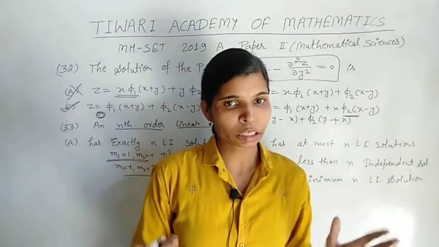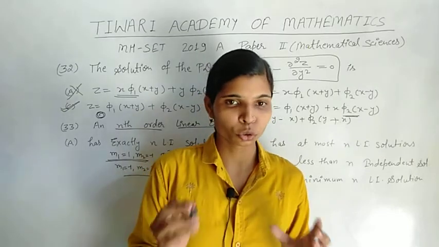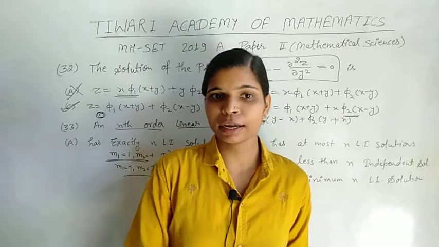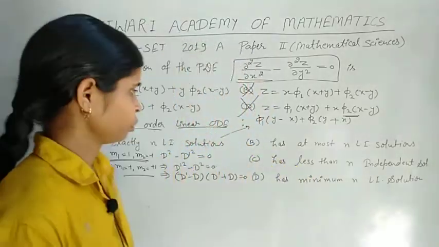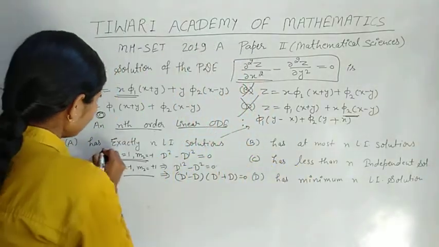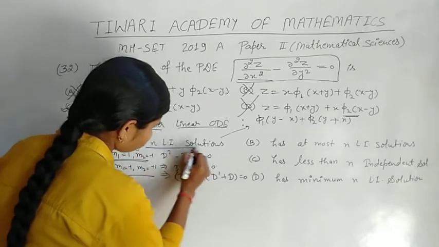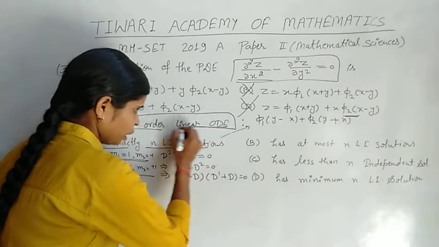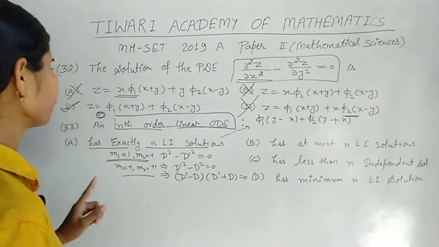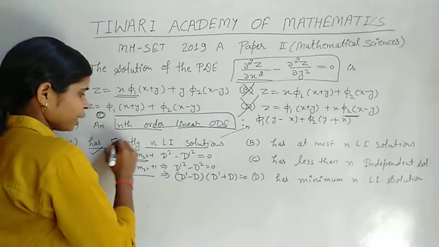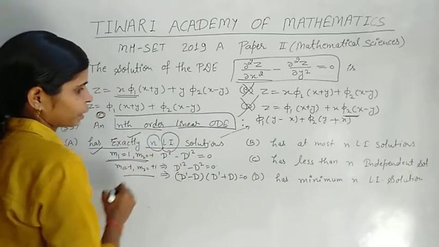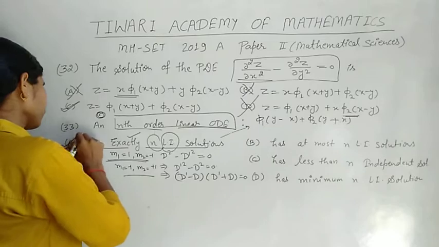The given ODE is an nth order linear ODE, so its solution has n linearly independent solutions. So the first option is a true option. If the ODE is an nth order linear ODE, then it has exactly, the word we use, n linearly independent solutions.